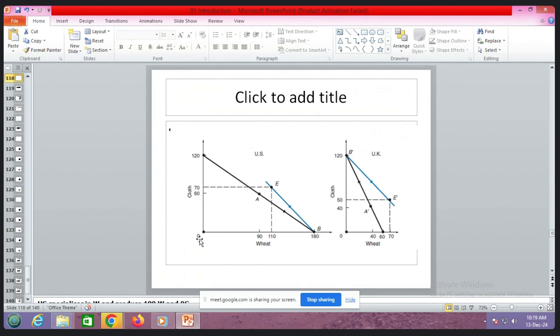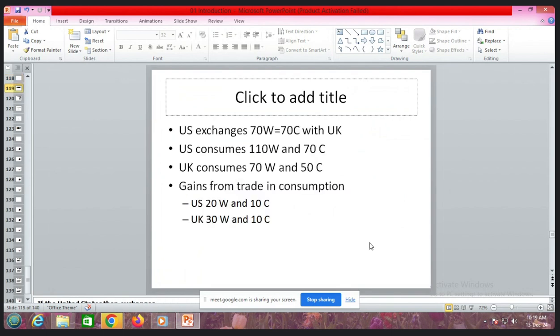So now your final consumption is 110 wheat and 70 cloth in US and 50 cloth and 70 wheat in UK. So what are the gains of trade in consumption? How did we calculate these gains of trade in consumption? Can anyone tell me?